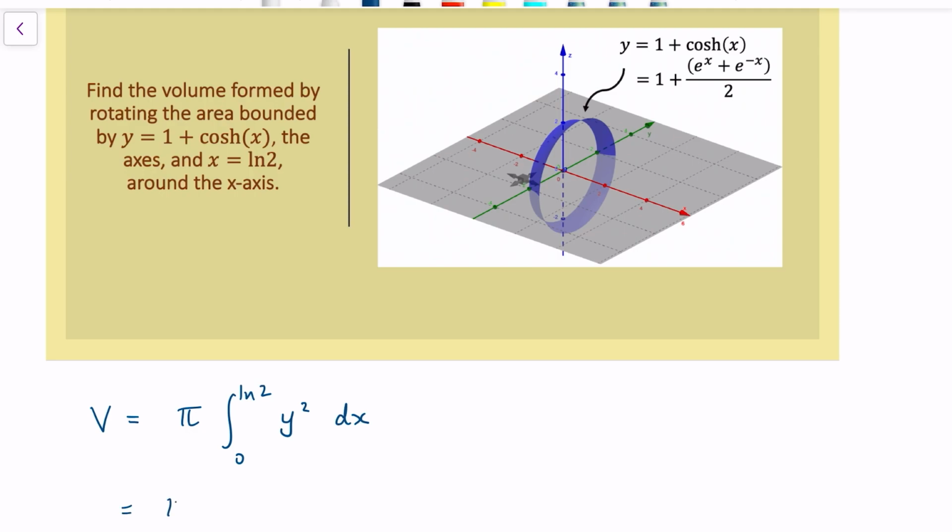The first way is to use the definition of the hyperbolic cosine. So we're integrating between 0 and ln2 of 1 plus, I'm just going to write a half instead, e to the x plus e to the minus x, all squared.